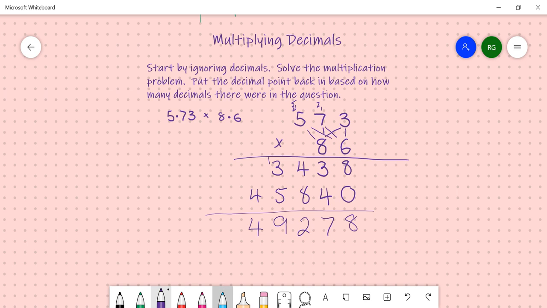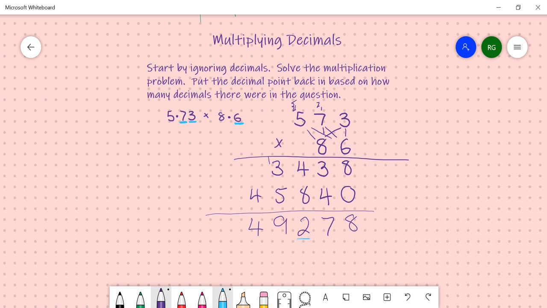The accurate way of doing it, though, is we look at how many decimal places there are, or how many numbers after each decimal. So in this case, there were 3, 7, 3, and 6.